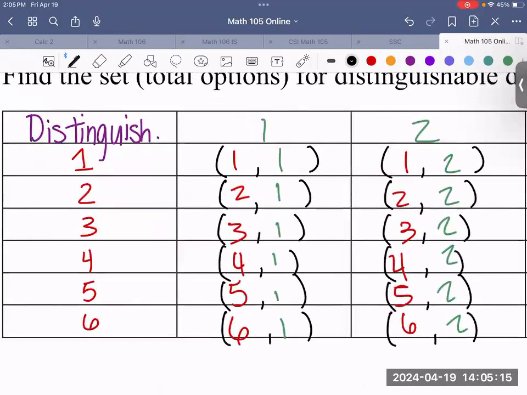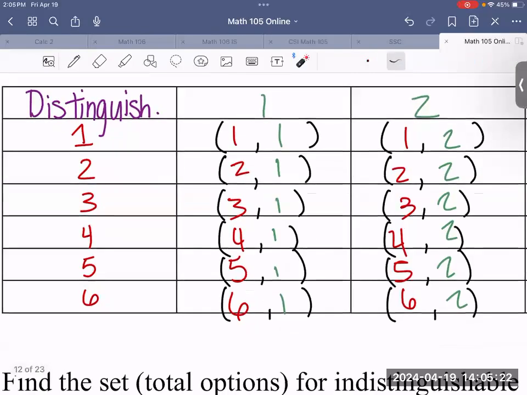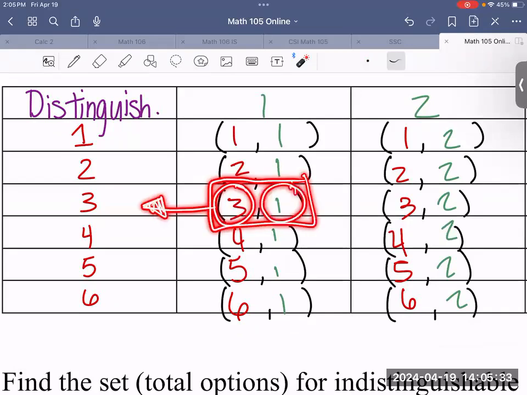Again, our big takeaway was that with distinguishable, we can tell which color threw which option, right? So in this one, well, what color threw the 3? Well, we can determine that the red one threw the 3 and the white one, not the green one, threw the 1, right?